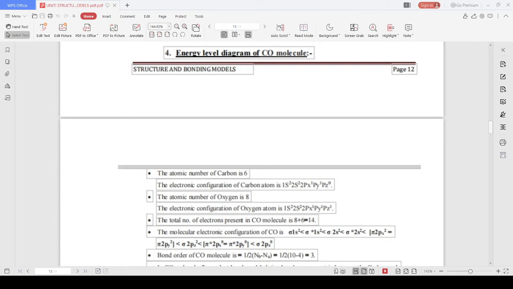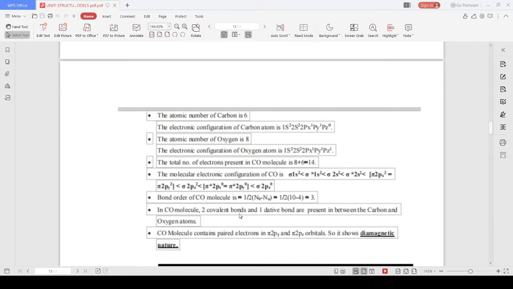Now the bond order of the carbon monoxide molecule. Bond order is 1/2 times the number of bonding electrons minus the number of anti-bonding electrons. So 1/2 times 10 minus 4 is equal to 3. In the carbon monoxide molecule, 2 covalent bonds and 1 dative bond are present between the carbon and oxygen atoms.